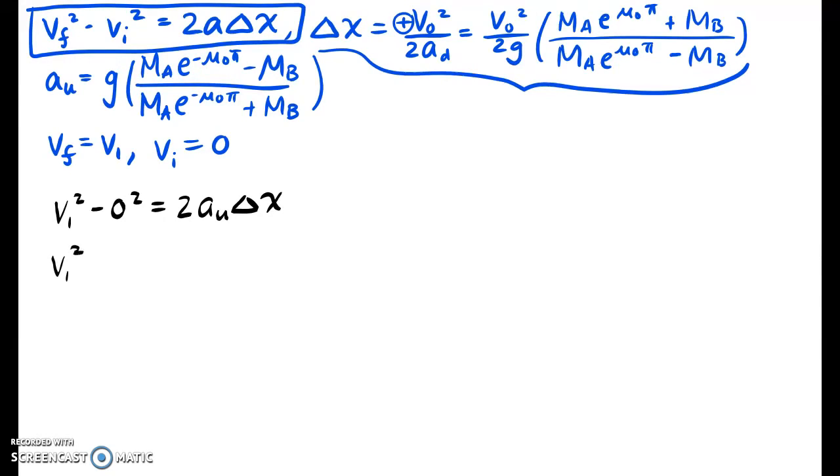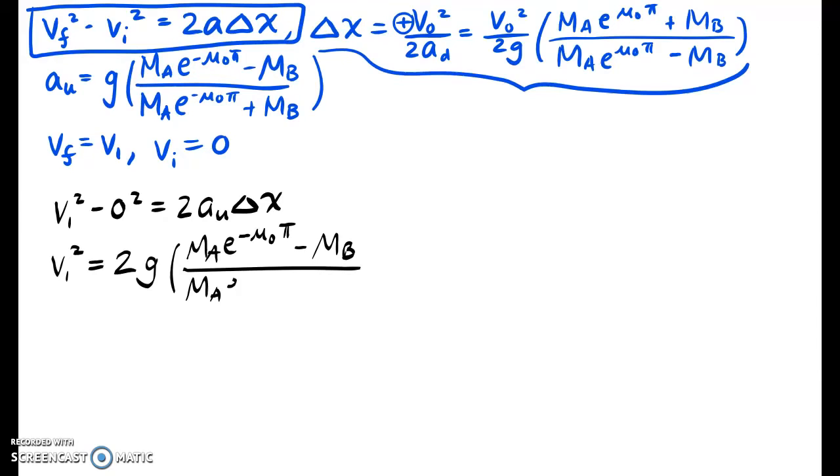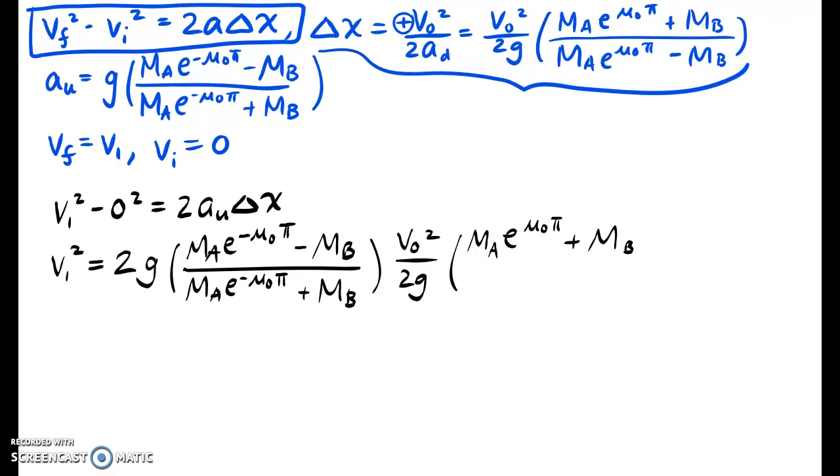So we find V1 squared is equal to 2 times AU, which is also G times MA e to the negative mu 0 pi minus MB over MA times e to the negative mu 0 pi plus MB. And we also multiply by delta x, which is V0 squared over 2G times MA e to the mu 0 pi plus MB over MA e to the mu 0 pi minus MB.